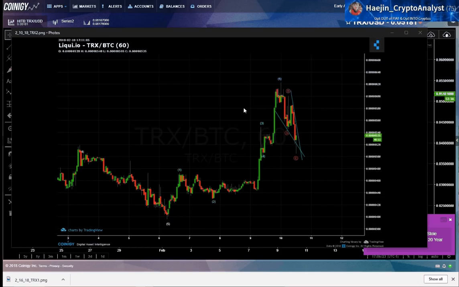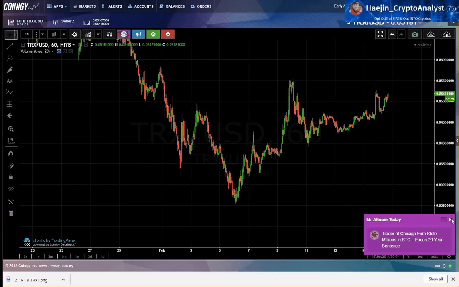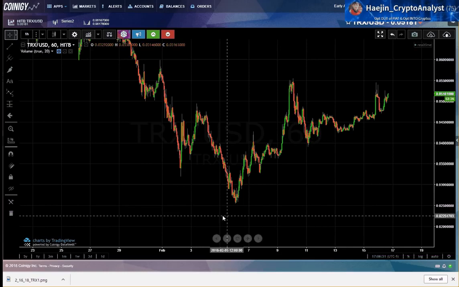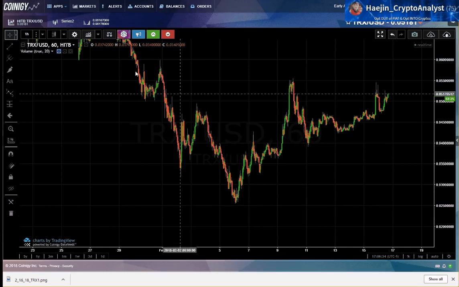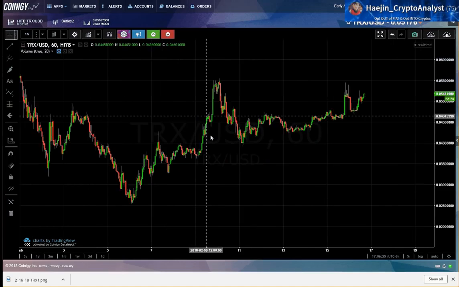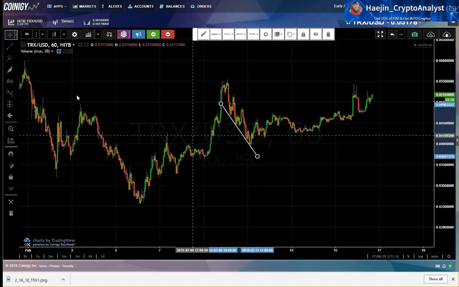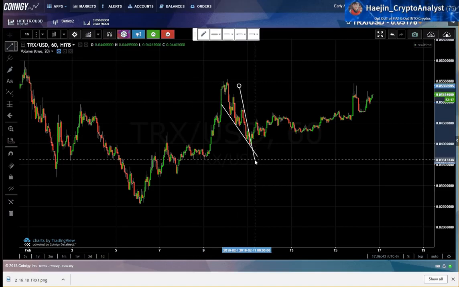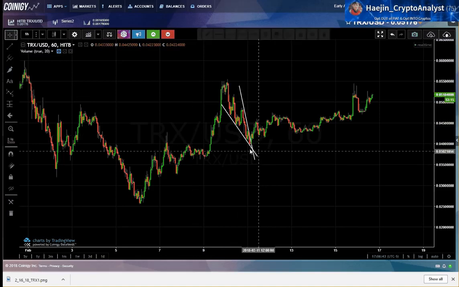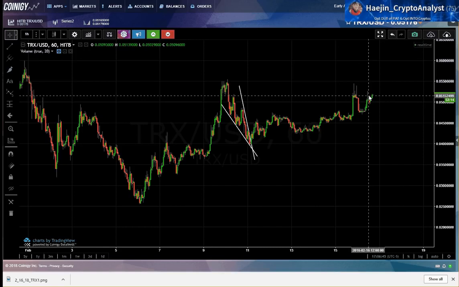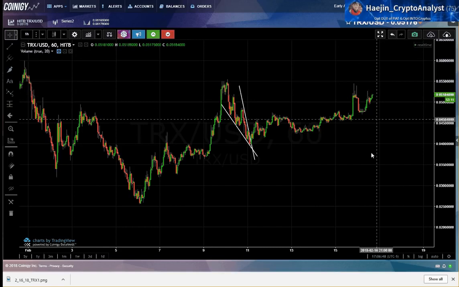So this is what I had said. Now, as time has elapsed, that rise has shown, this was the wedge that I had drawn at that time, where price broke out of that and has been trying to climb since then.